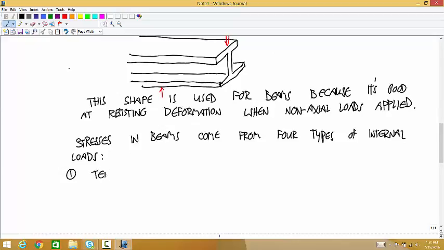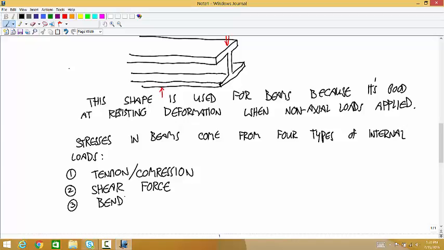Tension or compression, the shear force, the bending moment, and the torsion.